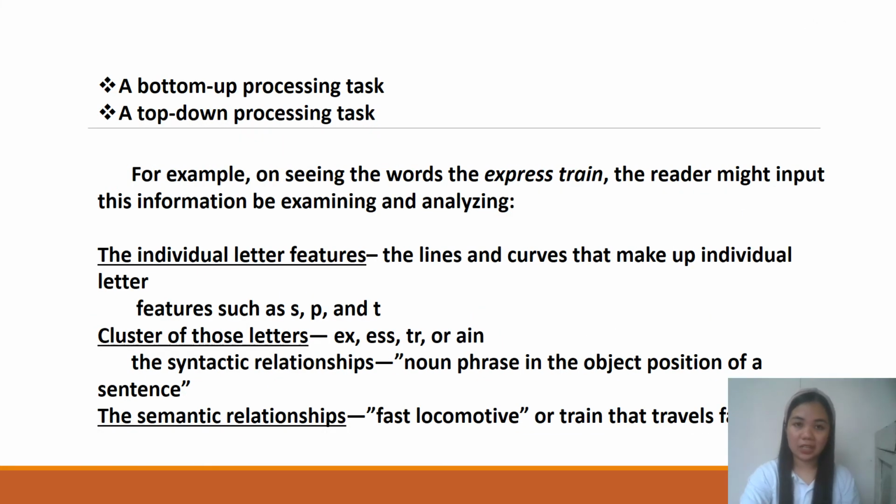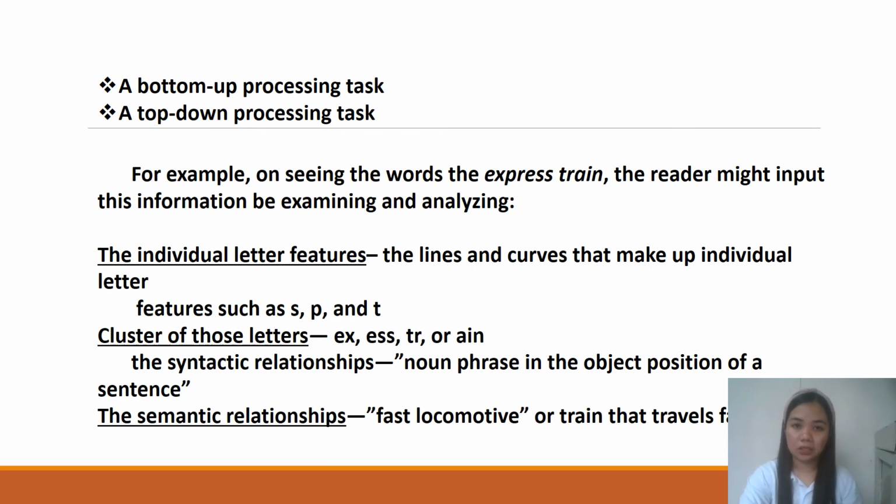A reader can process information from a page by features of the individual letters, a bottom-up processing task, or by information from the semantic source about some general meaning category of the word, a top-down processing task.